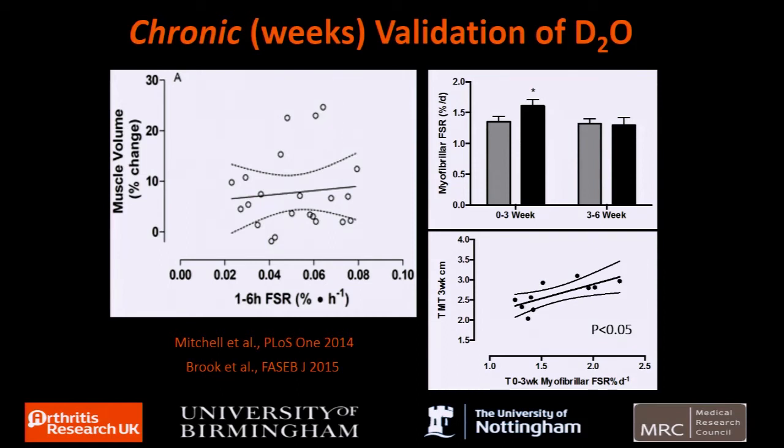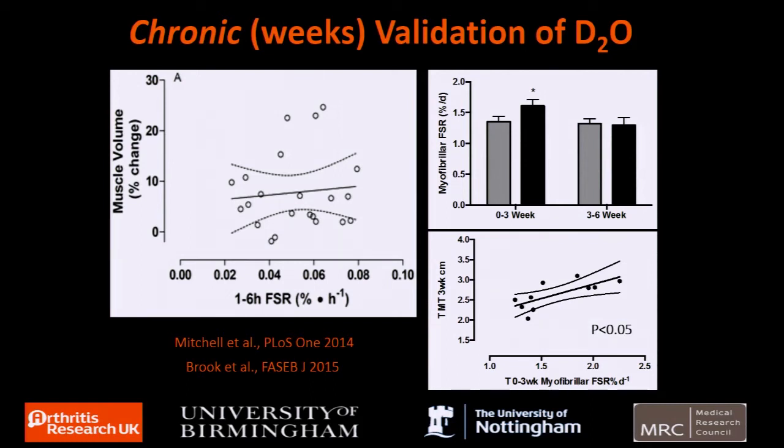If you measure the acute response to exercise under fed conditions and then see how that relates to hypertrophy, the FSR, the fractional synthesis rate, compared to MRI-mediated muscle volume change, does not at all well correlate. This suggests that the acute exercise bout does not necessarily confer what happens with regard to muscle hypertrophy 4, 6, 8, 12 weeks later or whatever.